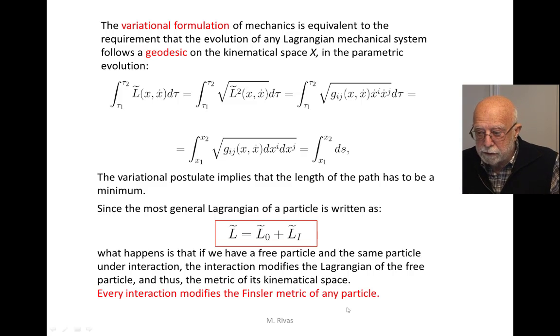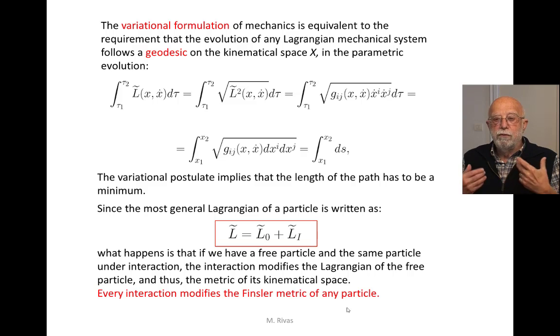Well, we are used to that. We're used to saying, okay, gravity modifies the spacetime metric of the spinless point particle. Well, for the spinless point particle, the metric is the Minkowski metric, and gravity modifies this Minkowski metric and produces a new Riemannian metric.